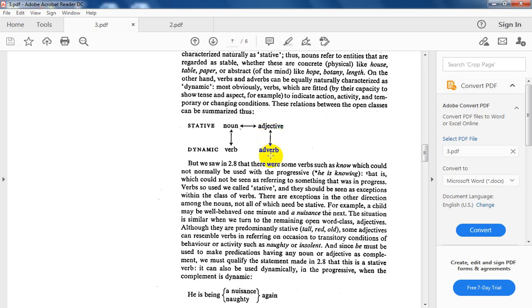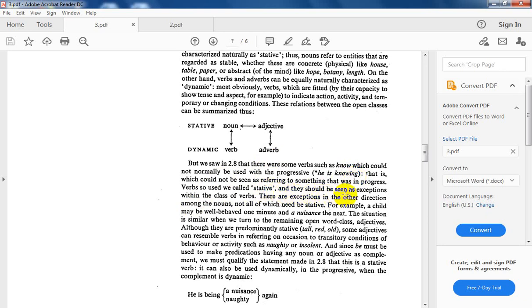But we saw that there are some verbs such as know, which could not normally be used with the progressive. He is knowing. That could not be seen as referring to something that was in progress. These are so-called stative verbs. We said up to now that the modals, in addition to the auxiliaries, are all stative, and we will add to them the modals.